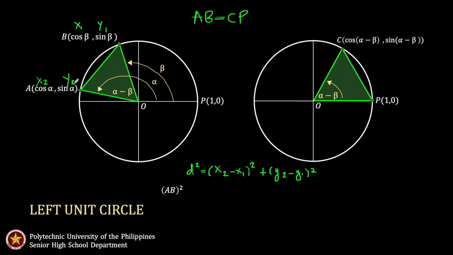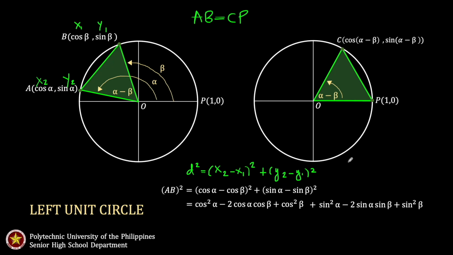Substituting, we have AB squared equals quantity cosine alpha minus cosine beta squared plus quantity sine alpha minus sine beta squared. Expanding, we have cosine squared alpha minus 2 cosine alpha times cosine beta plus cosine squared beta. You can verify that. And sine squared alpha minus 2 sine alpha times sine beta plus sine squared beta.